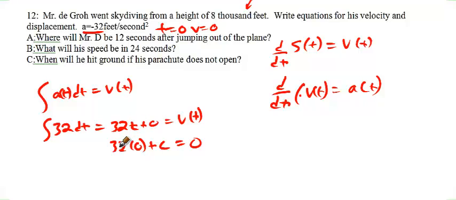Now be careful about your t's and pluses, that's a t. One thing to note here is that c value ends up being the initial velocity. So if you're familiar with the physics, your velocity is your velocity initial plus acceleration times time. So here's my acceleration, here's time, here's velocity initial.